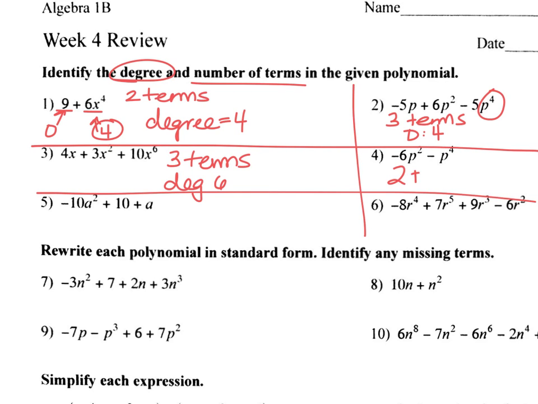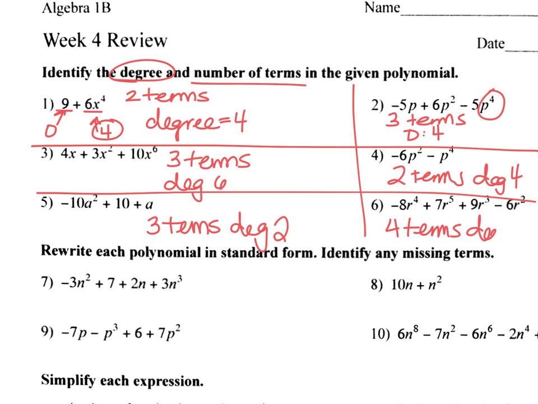Question 4 is 2 terms and a degree of 4. Question 5, 3 terms and a degree of 2. And question 6 has 4 terms and a degree of 5. So last reminder, terms are just the number of pieces.